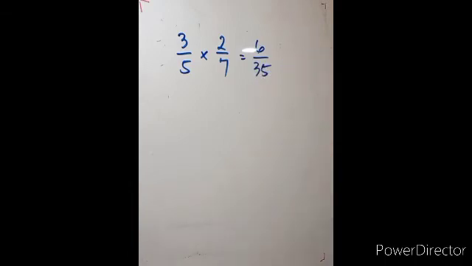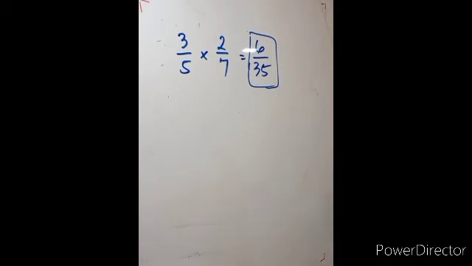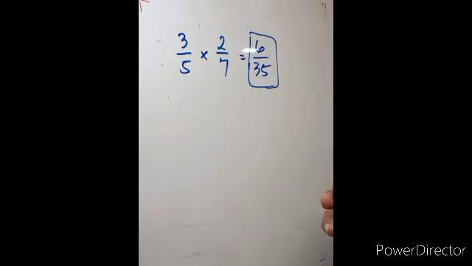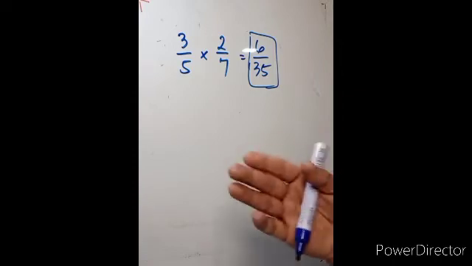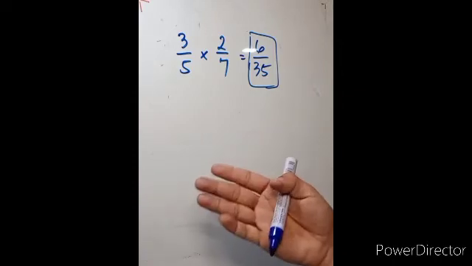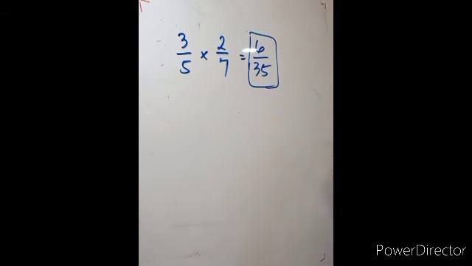Therefore, 3 over 5 times 2 over 7 is equal to 6 over 35. So that is how you are going to multiply fractions. It does not matter whether the denominators are similar or dissimilar. The rule is just to multiply the numerator by numerator and denominator by denominator.